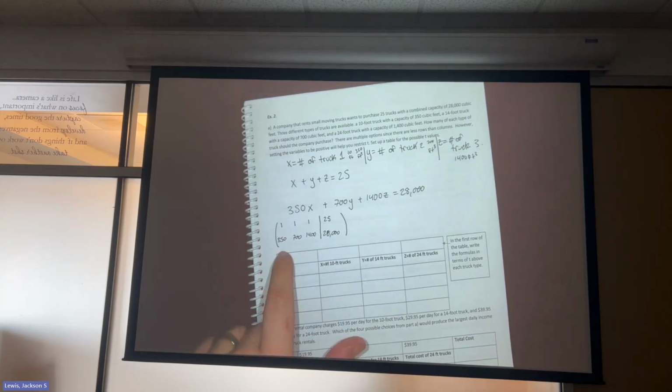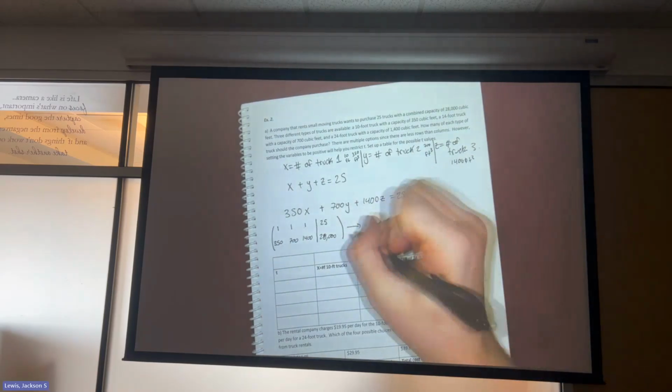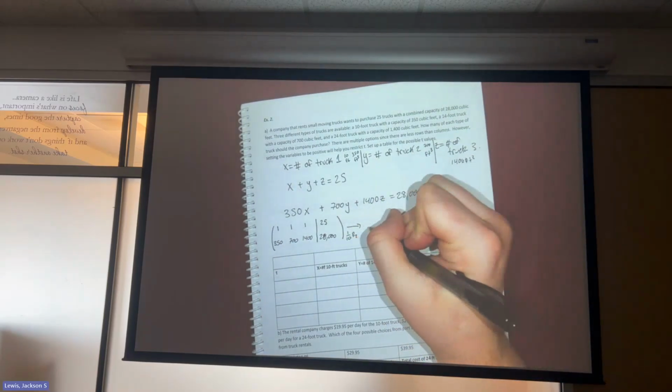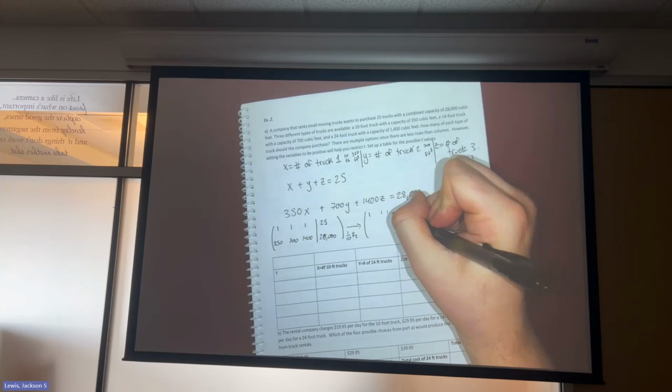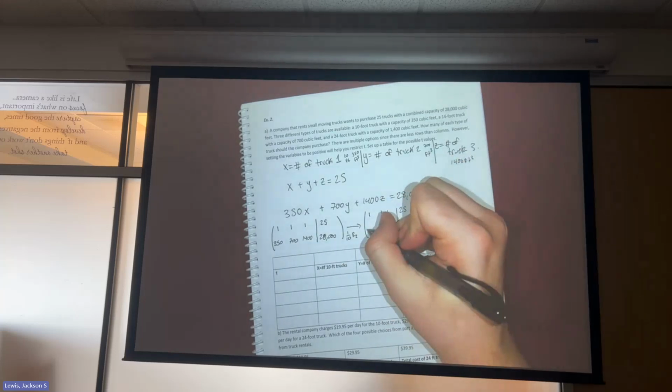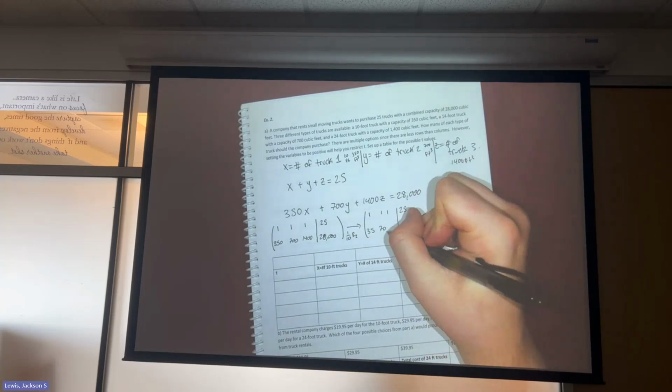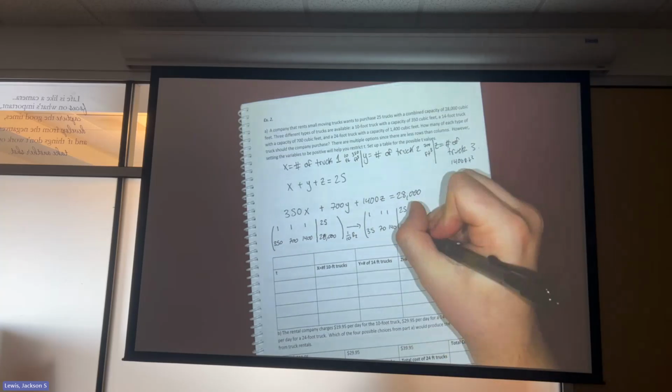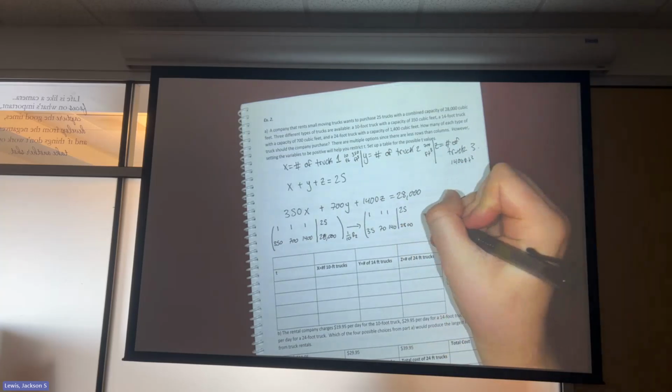One thing that might be convenient is I might be able to divide the bottom equation by 10, and that will get rid of just big numbers. I'm going to do 1/10 R2 real quick. 1, 1, 1, 25, 35, 70, 140, 2800.